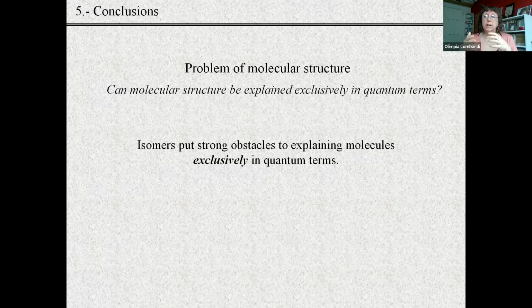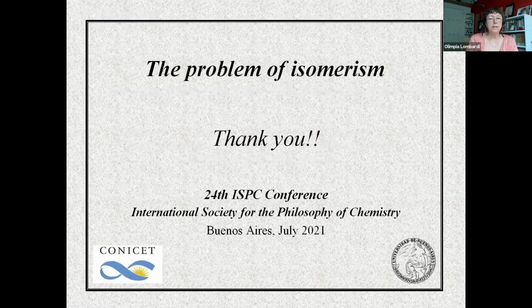Even if we consider that the molecules are not isolated and are subjected to measurement, because accepting that, I'm asking myself, how, if I understand this situation as a superposition, and when I measure, one of the possibilities arises. Well, I think that isomers cannot be explained even if we consider this possibility of opening the molecular system to measurement. Thank you.